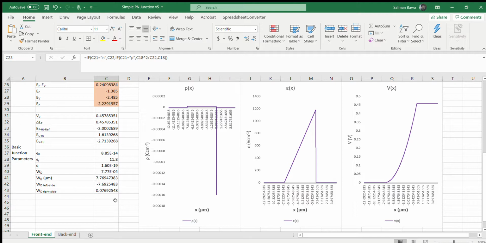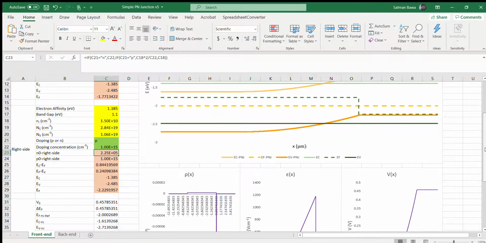And so those points would miss out in the electric field and the potential, causing possibly errors in the final outcome of the band diagram.